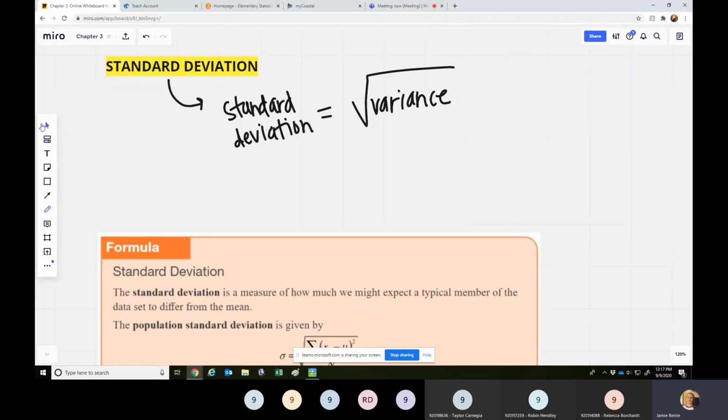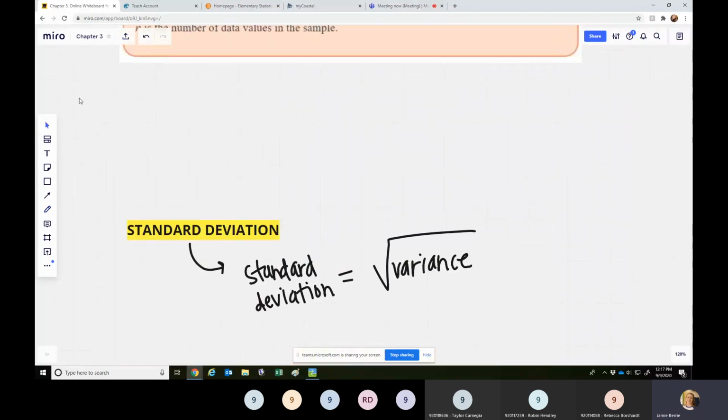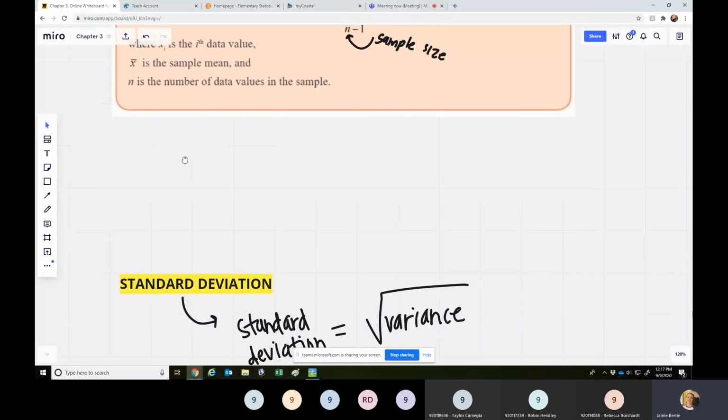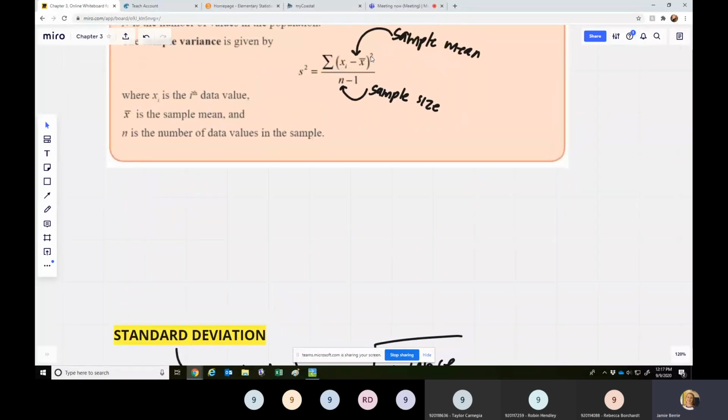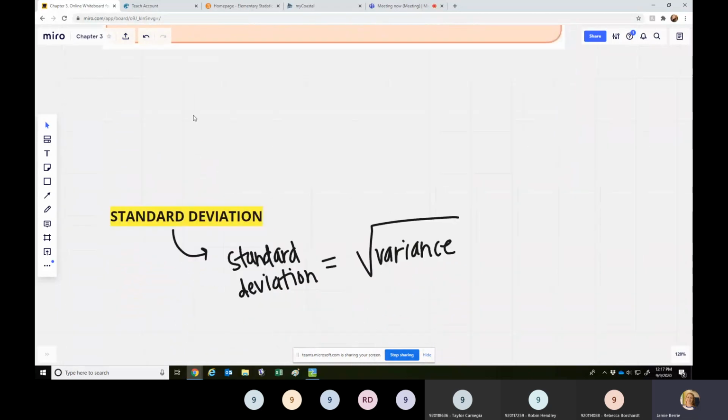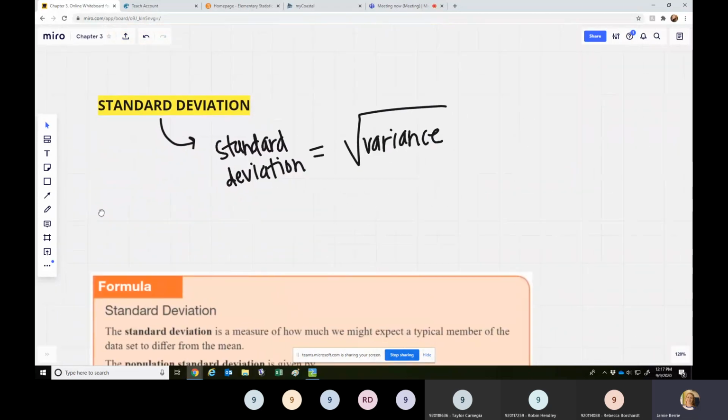So the reason that you take the square root is because if you remember back in this formula up here, I'll scoot back down in just a second. If you remember, we squared everything to make it positive. So this sort of undoes that squaring process, and it brings it back down to a number that is closer to our data values.